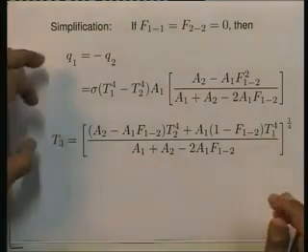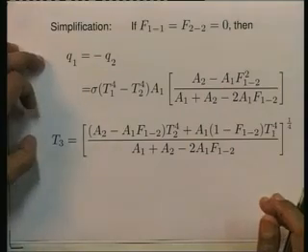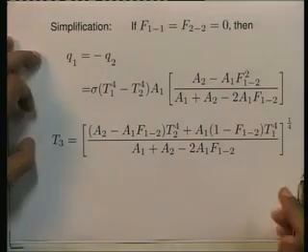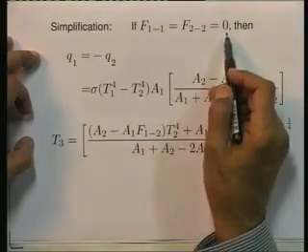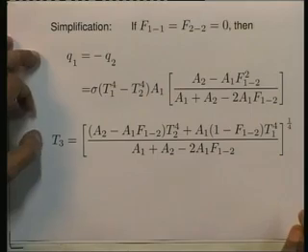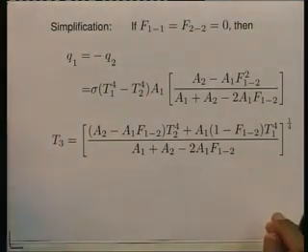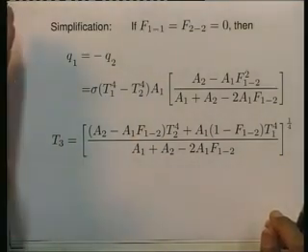So, we get these simplified expressions if we have an enclosure in which F1 to 1 is equal to F2 to 2 is equal to 0. So, we have a general situation which we have solved for. This is the more specific situation in which F1 to 1 is equal to F2 to 2 is equal to 0. Now, in order to just clear up ideas, let us do the following problem.